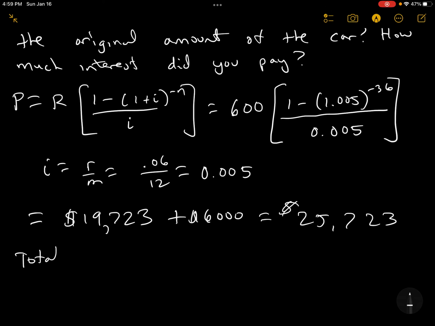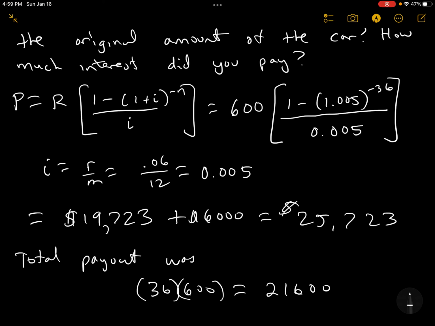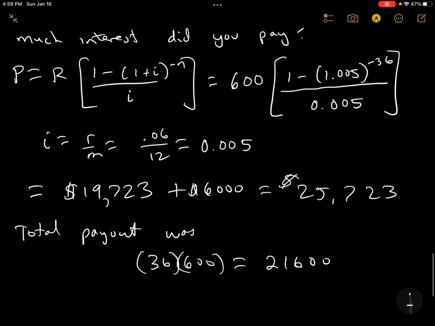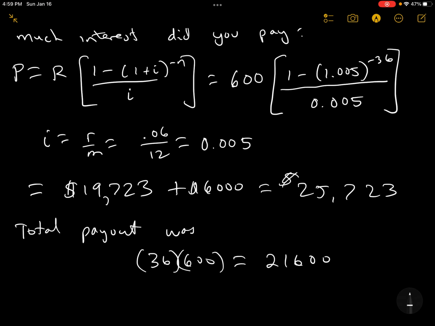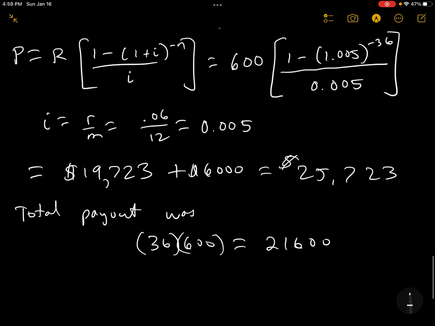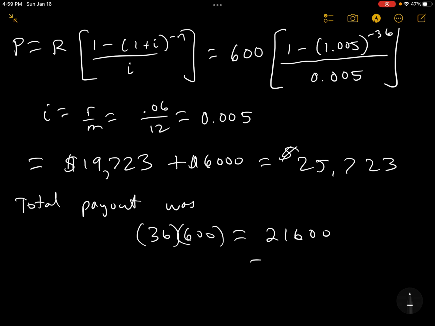Well, the total payout was 36 months times 600, which is $21,600, and after your down payment, which wouldn't affect this, you actually only were supposed to pay $19,723, for a net difference of $1,877.